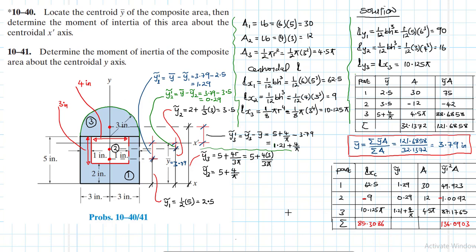Then finally, moment of inertia about the x-axis, x prime, is equal to x centroidal moment of inertia plus y prime squared times area, which is equal to 85.3086 plus 136.0903.